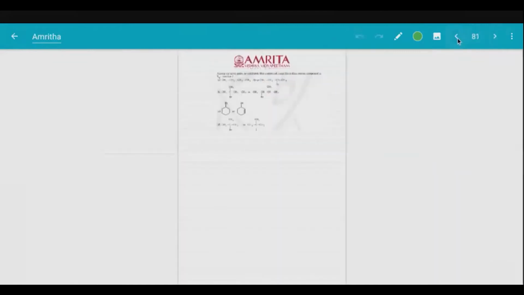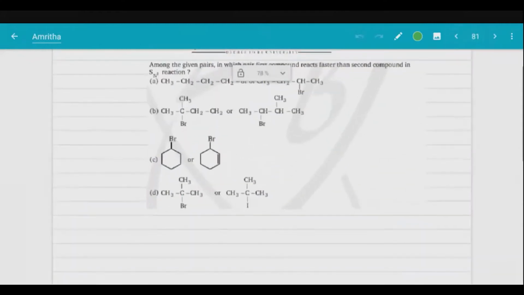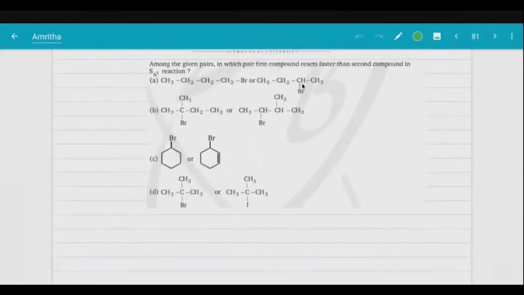Next question. Among the given pairs, in which pair does the first compound react faster than the second compound? First one should react faster compared to second. We can do it very quickly, right? Because first break carbon halogen bond. That is the first thing.